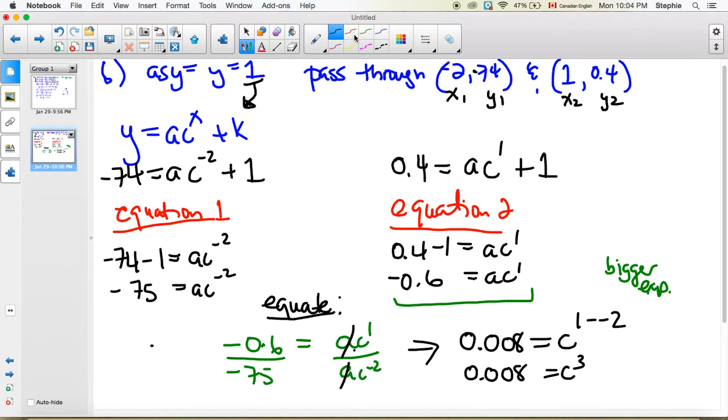Now you want to cubic root your C cubed, cubic root this, and your answer becomes 0.2 is equal to C.